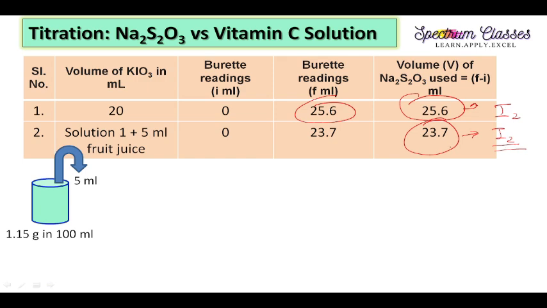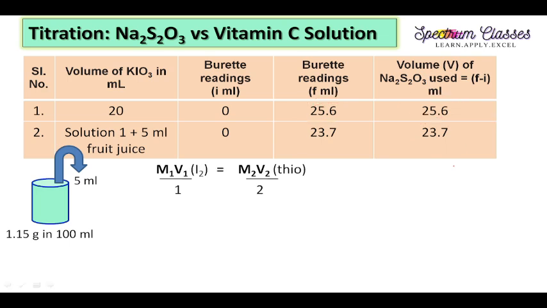Less amount means less iodine is there. So where does the rest of the iodine go? The rest of the iodine reacts with the ascorbic acid. How much iodine reacts with the ascorbic acid? If I subtract the second one from the first one, I get this much volume.